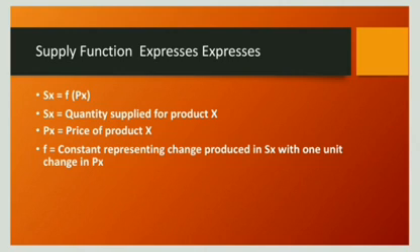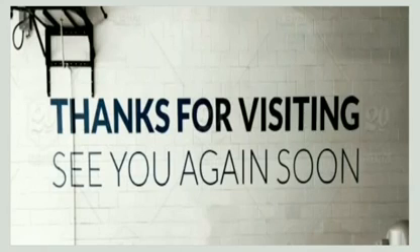Example: when you have 10 rupees, you are supplying 10 units. When you raise the price from 10 to 40, then you supply 25 units. So there is a variation in price of 30 rupees and in quantity supplied of 15 units. That is the measurement of how much price affects your quantity supplied. It is a relationship of measurement when you talk about supply function.